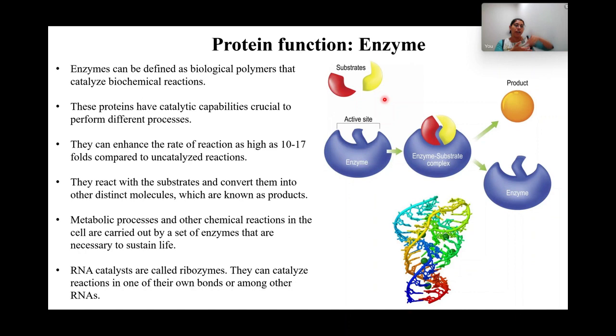The next one is where a protein binds reversibly to a ligand. What reversible binding means is that it will bind to the ligand, but that's not a permanent bond. It will release the ligand as and when required. A very important example of this is hemoglobin, which carries oxygen.